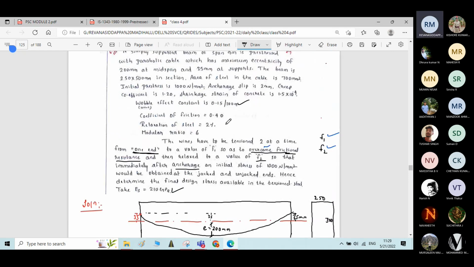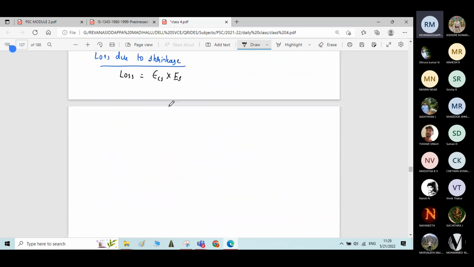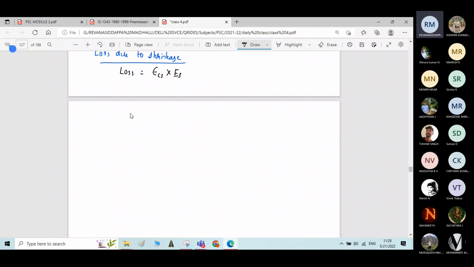Just look into the value. Shrinkage strain of concrete is given as 1.5 into 10 power minus 4.